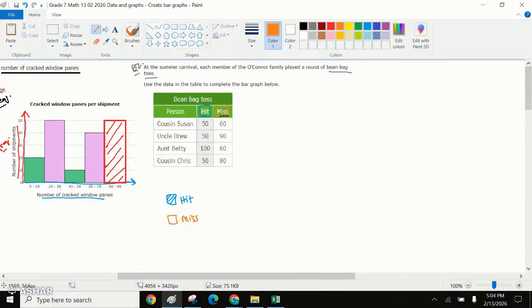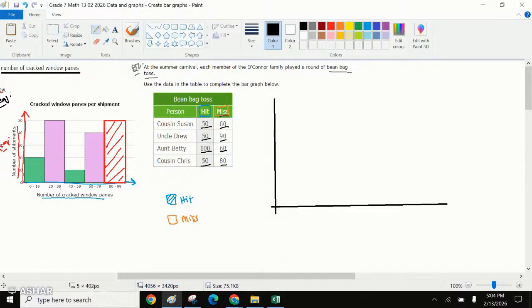Okay, when we are drawing the graph, we have to find the maximum and the minimum number. The maximum number of hits was 100 and the misses were 90, right? So we draw a horizontal axis and a vertical axis over here.